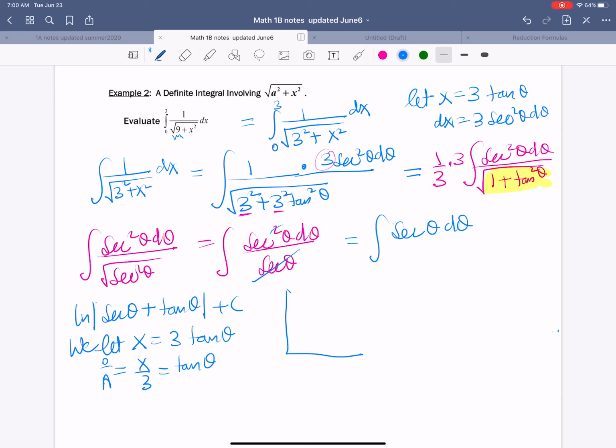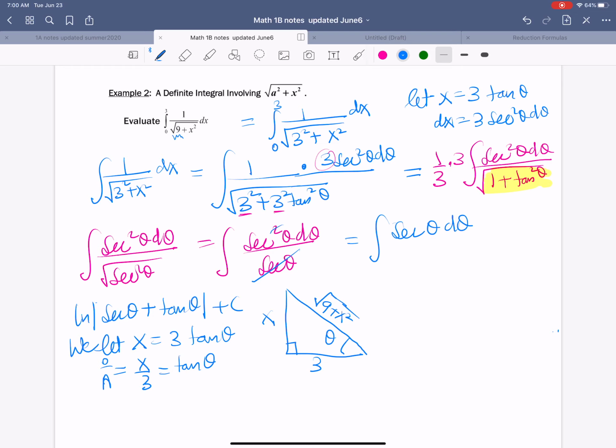So when you draw your triangle, this is where the theta is. Opposite would be x, adjacent would be 3, and if I find the hypotenuse using Pythagorean theorem, it would be x squared plus 9, or 9 plus x squared, doesn't matter how you want to write it. I'm going to write 9 plus x squared.